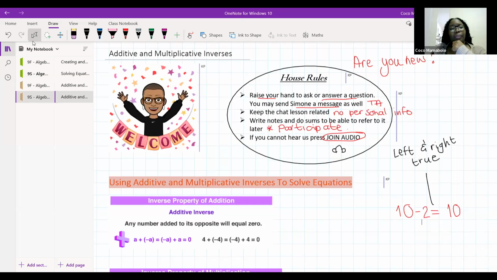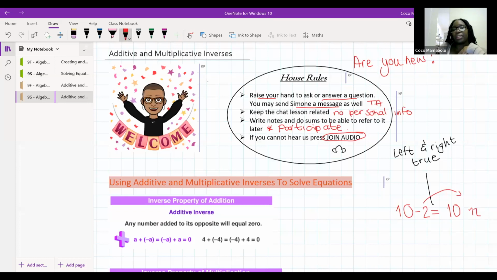Let me ask Inga. Ma'am, you must change your answer. I must change my answer, but if I minus 2 on this side, how can I make sure that this side is true? Ma'am, you must move the 2 that side. Well, if I move the 2 that side, I'm going to get 10 is equal to 12.